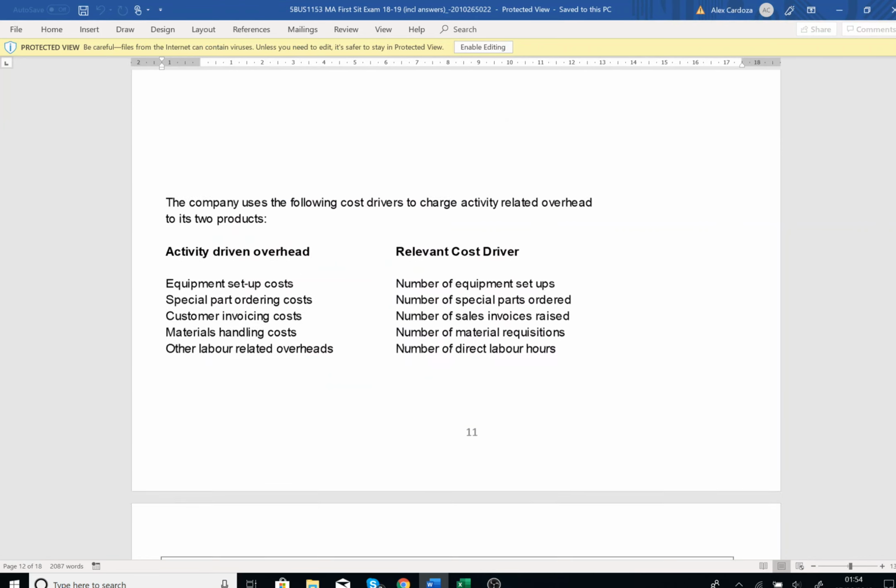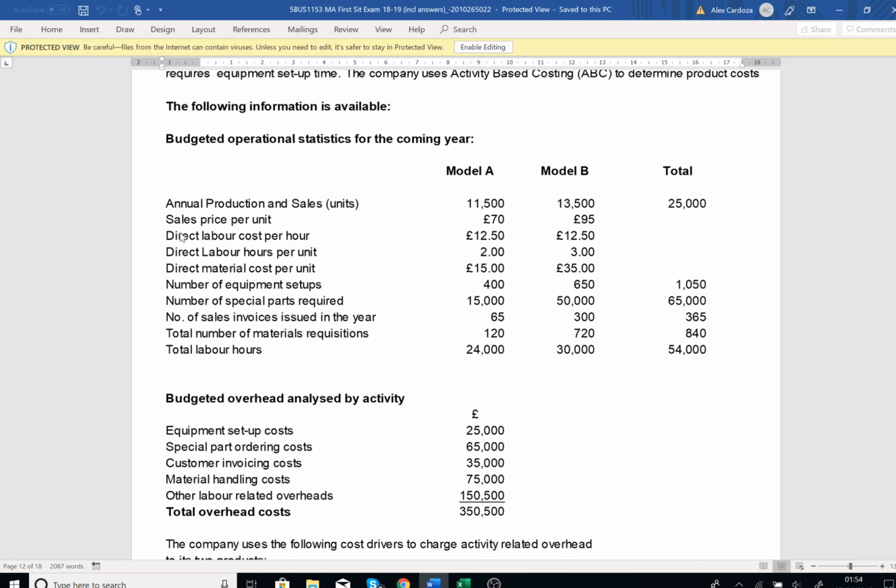So this is model A. Model A, sales price per unit, we want to work out the contribution. So when you split this out, you've got your selling price and your variable costs. These are your variable costs.